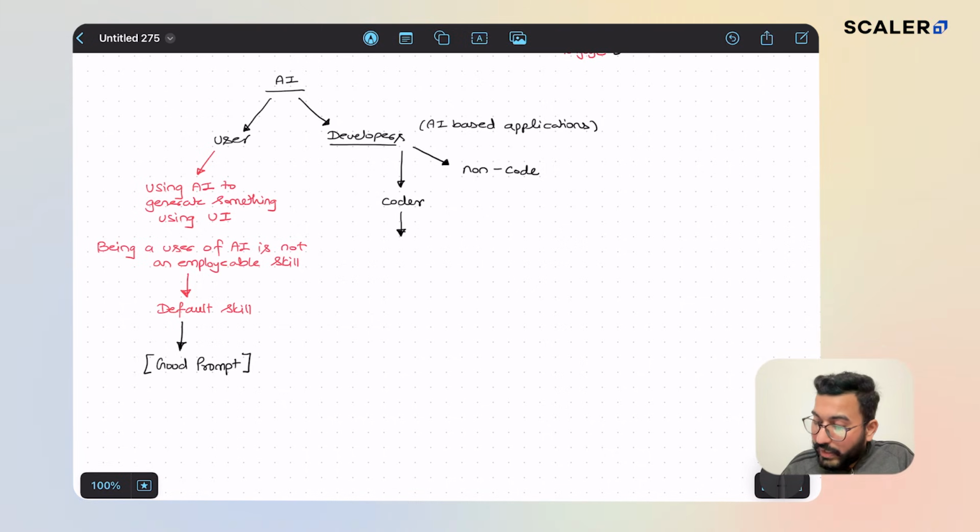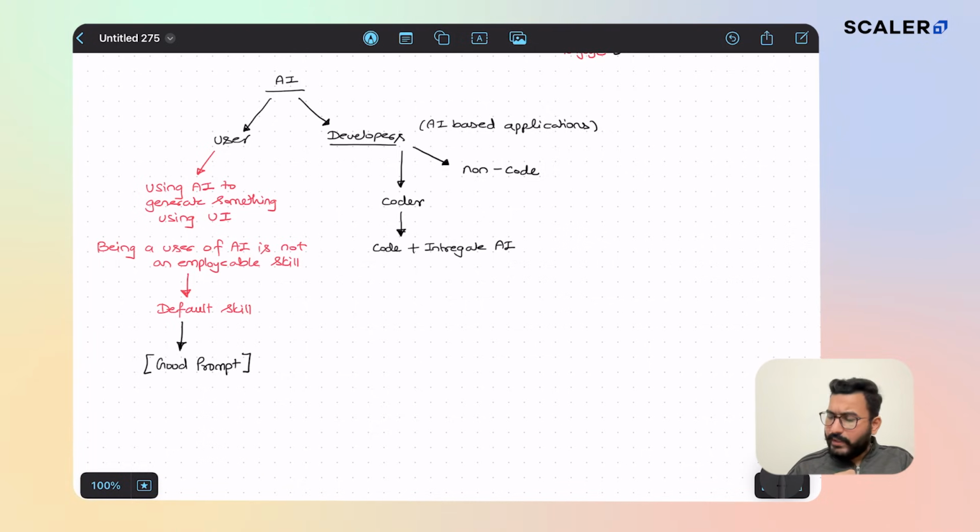If you are currently a coder, let's say a software developer, front end developer or back end developer, you are already coding, but how can you also integrate AI into the current system? That is what the industry is looking for. They are looking for people who can enable AI in their current infrastructure.